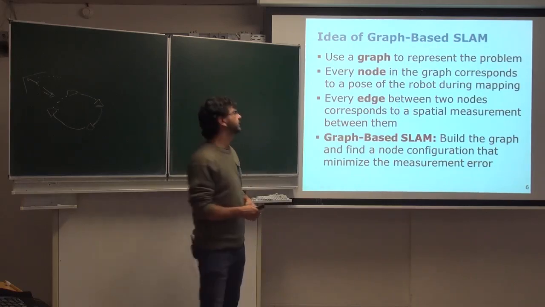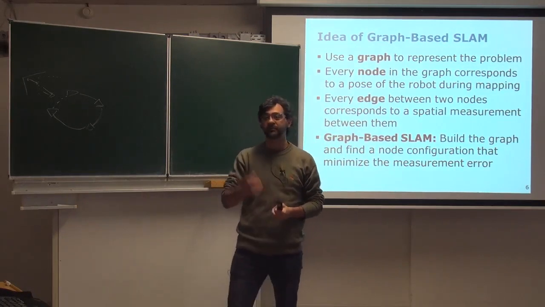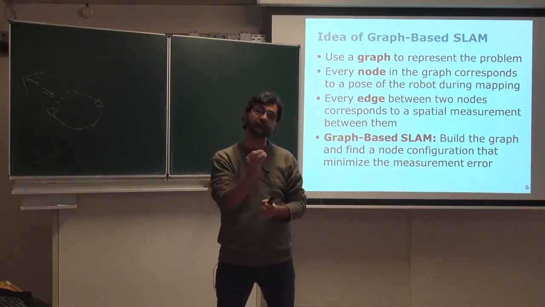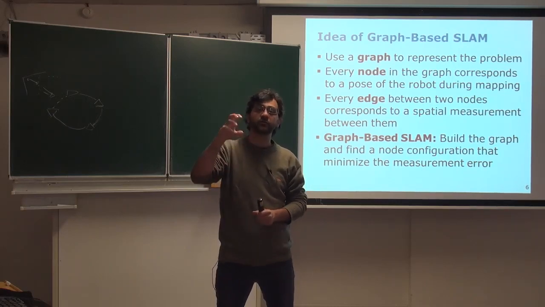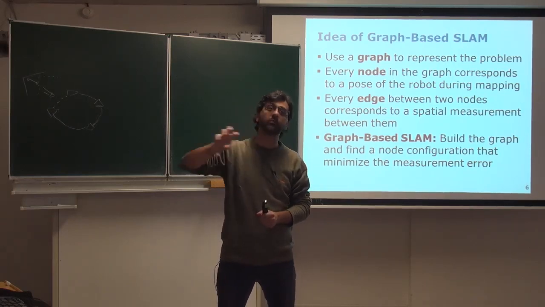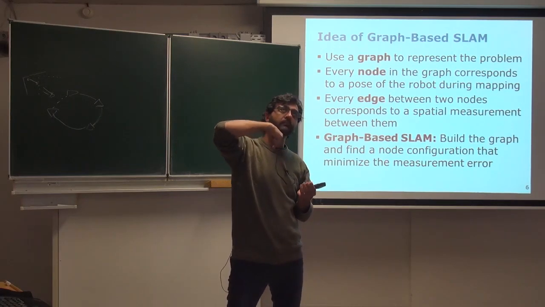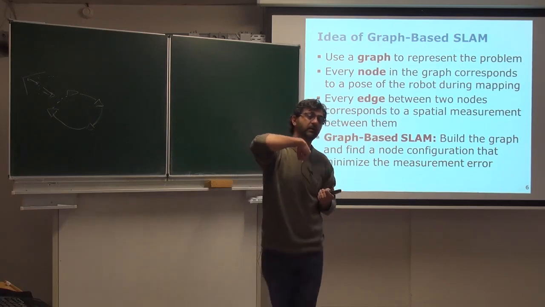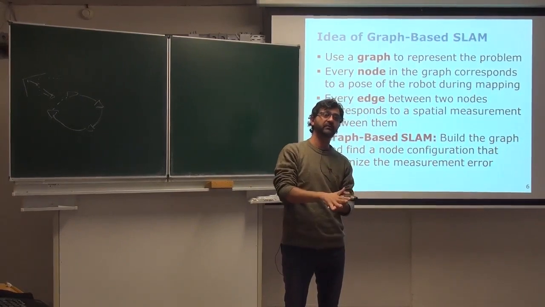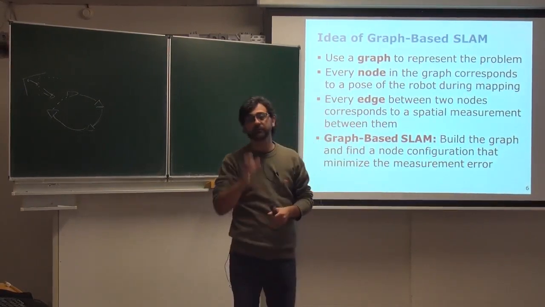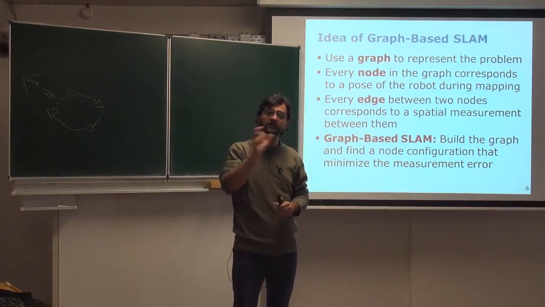So the idea here is, to summarize, we have a graph that represents our problem, and as you've seen, this graph is made of nodes and edges. Each node corresponds to a pose of the robot during time. So we are basically embedding the trajectory of the robot at different times into space, and we then compute for each edge, so between two nodes, an edge is the measurement of the displacement between these.